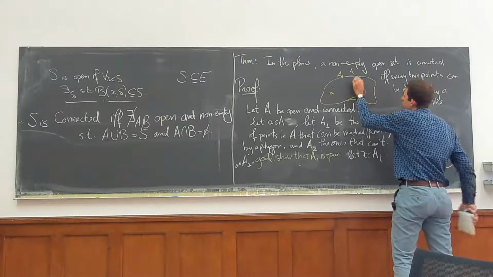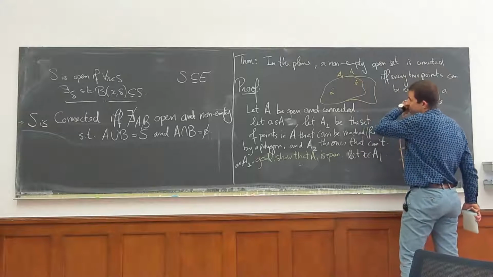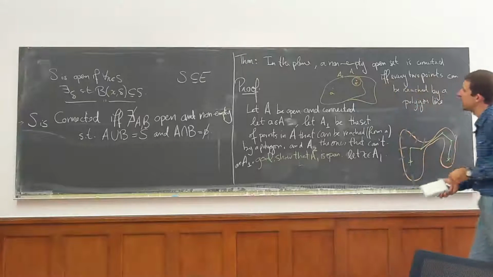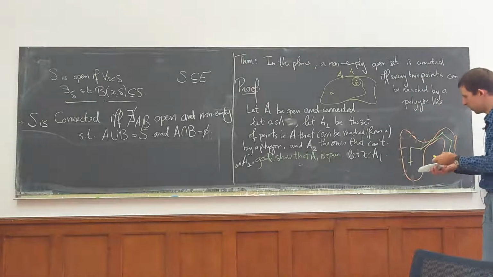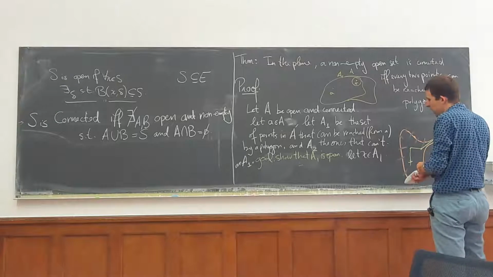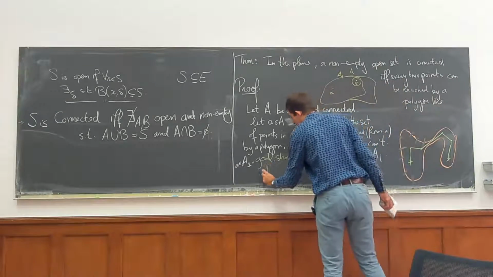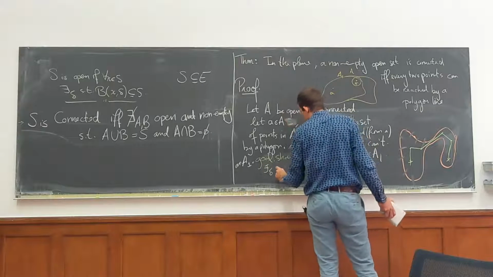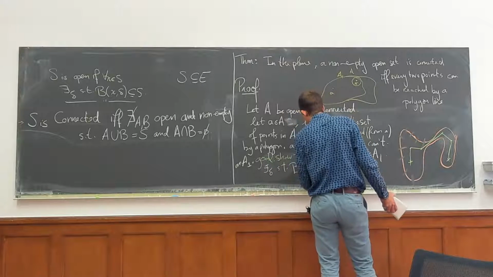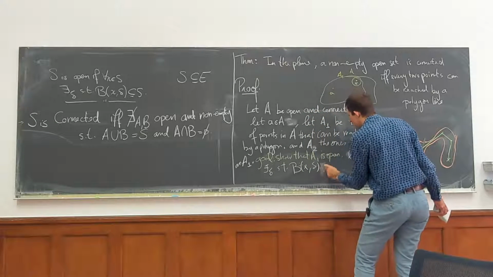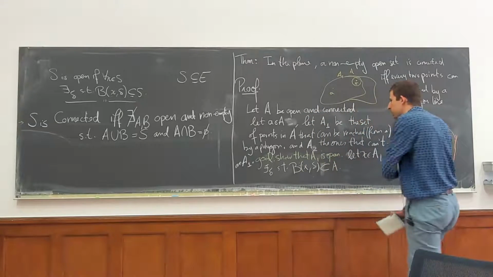The idea will be, if we take a point X here, because A is open, I can make a ball inside of A. So this means that there exists a delta such that the ball B(X, delta) is contained in A.